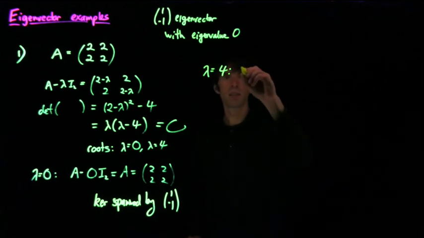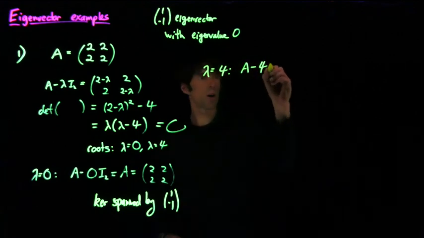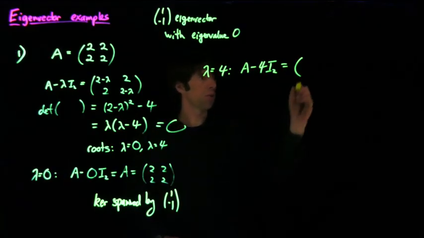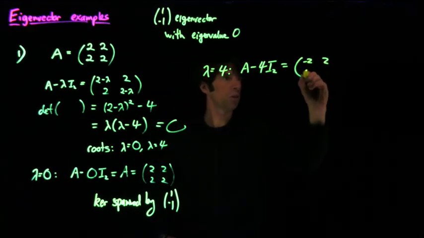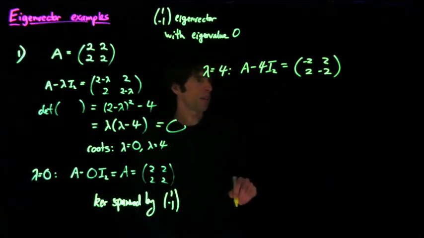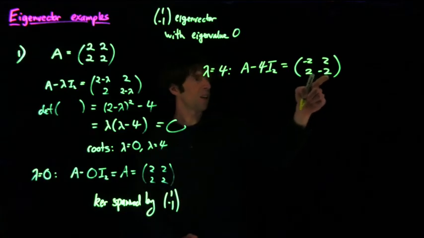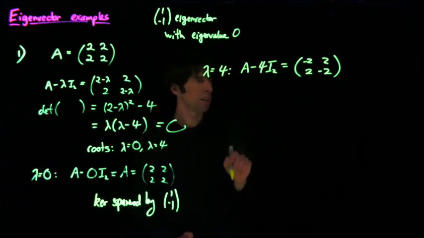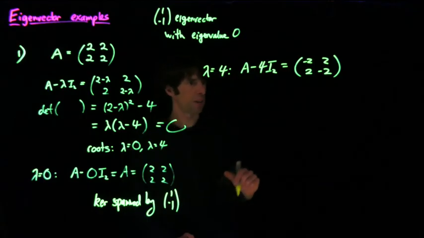Okay, how about our other eigenvalue, 4? So in this case, A minus 4 times the 2 by 2 identity is equal to minus 2, 2, 2, and minus 2. Almost the same here. Now I see that the second column is minus 1 times the first. So however much of the first column I take, I need to take the same amount with the same sign of the second column to make the 0 vector.